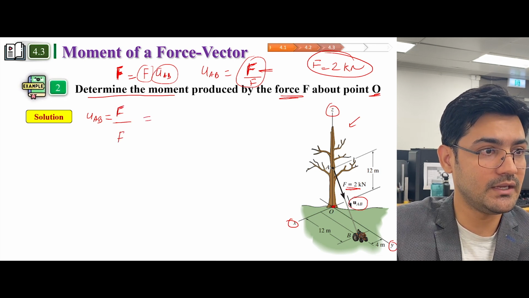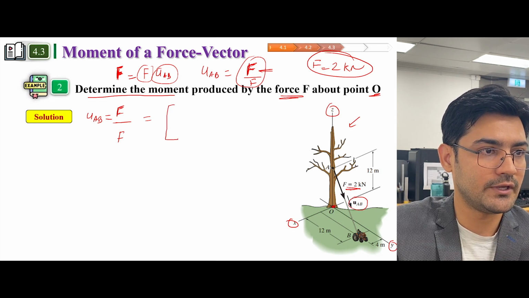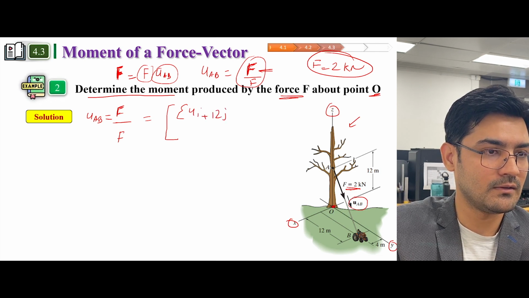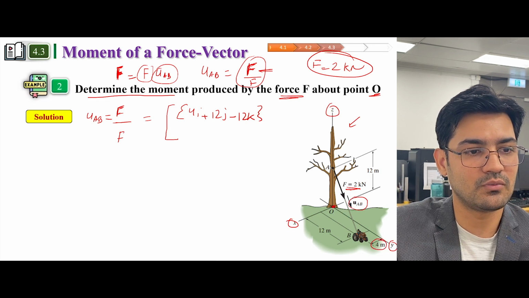So UAB would be equal to a vector which is 4i plus 12j minus 12k. Now how I am getting all this: the 4 is along the x-axis, so 4i.